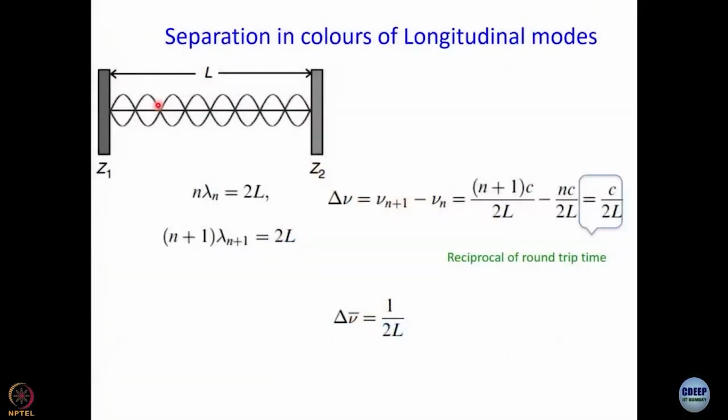So, now you see this is what we are trying to say. Nu bar for that 900 nanometer light is 10 to the power 6 per meter, and nu bar for the next line is 10 to the power 6 plus, or if you take on the other side, minus 1 by 12, very close.